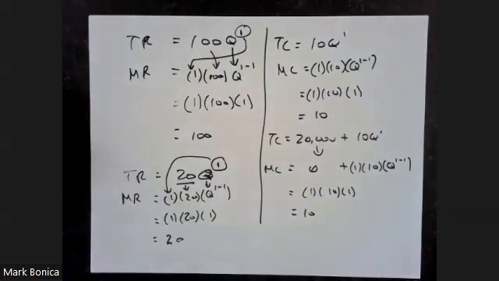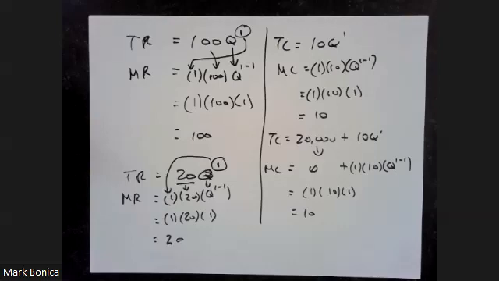So whether my total cost function is 10Q or 20,000 plus 10Q, the marginal cost is the same. Now, that seems like, wait a minute, that's crazy, right? But we're focused on the additional cost of adding 1 more unit.